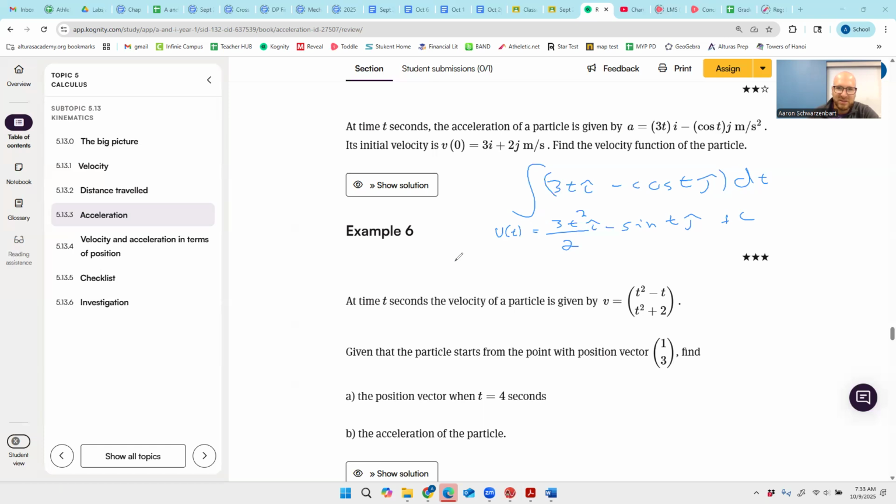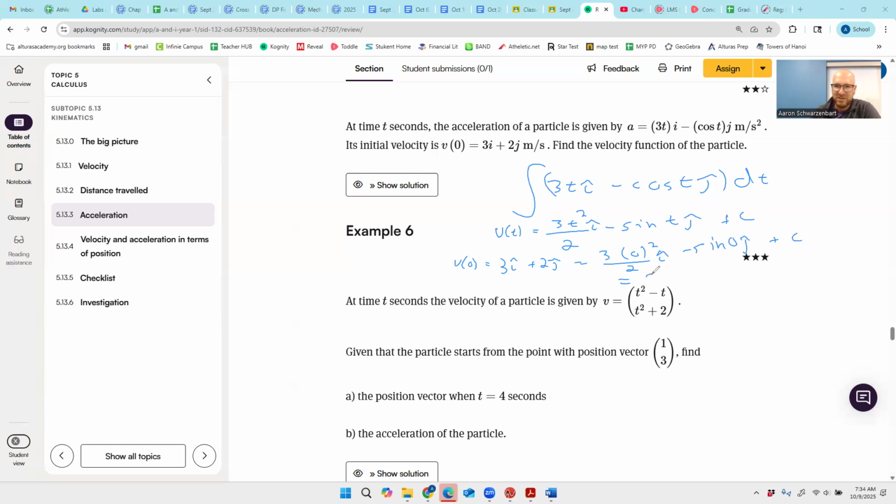I know v of 0, 3i hat plus 2j hat equals 3 times 0 squared over 2 i hat. So in order to do this, the i hats need to work together and the j hats. And the sine of 0 j hat plus c.